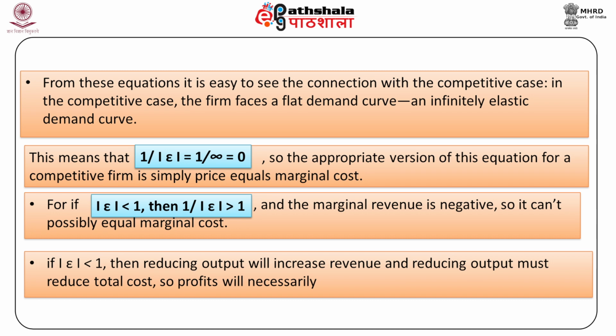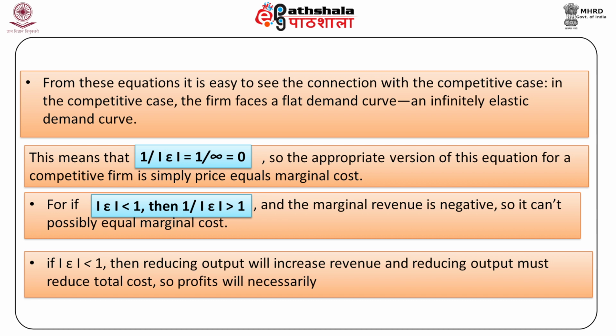In the competitive case, the firm faces a flat demand curve, that is an infinitely elastic demand curve. This means that 1 upon absolute value of sigma is equal to 1 upon infinity, that is equal to 0. So, the appropriate version of this equation for a competitive firm is simply that price equals marginal cost.